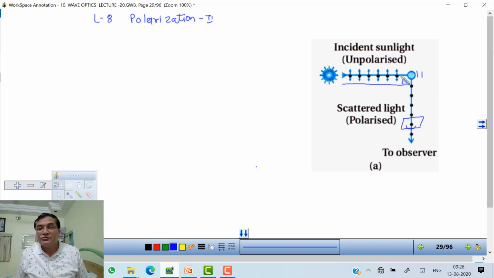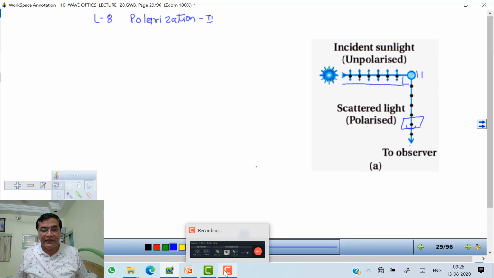So our atmosphere also makes polarized light because of the emission of electromagnetic waves due to the oscillations of the electrons. When electrons oscillate, only perpendicular components are emitted toward the observer while parallel is not, and you can check with the analyzer.